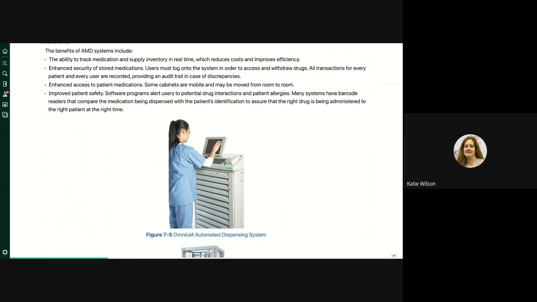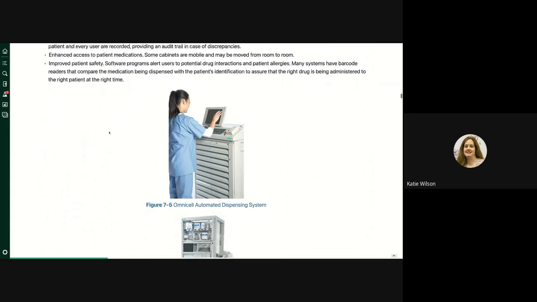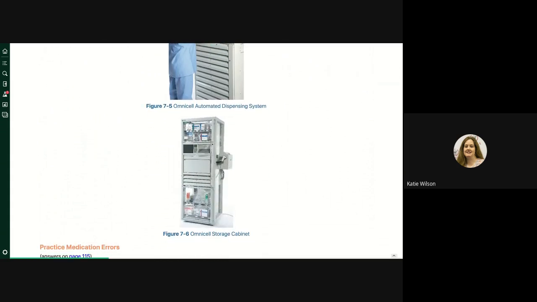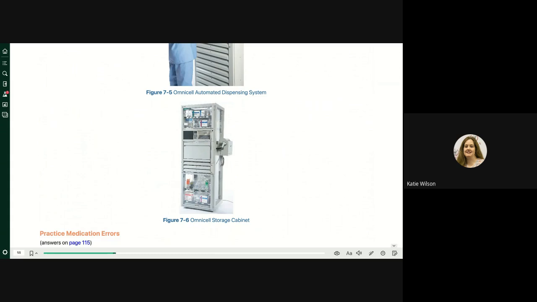This one in particular is Omnicell. They help reduce errors a lot. They have a bunch of different safety measures in place to help you realize that there's an issue or something going wrong or something just doesn't add up. And there's another instance of a storage cabinet that has medications in it.